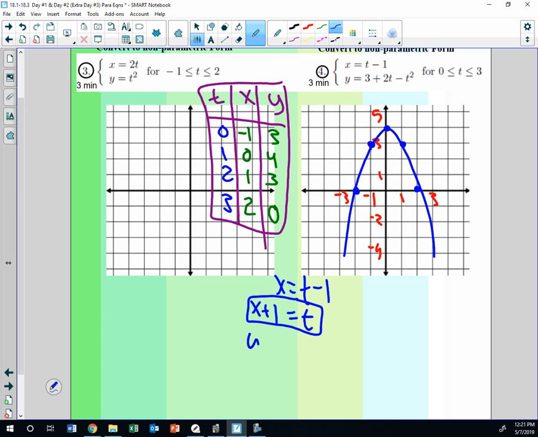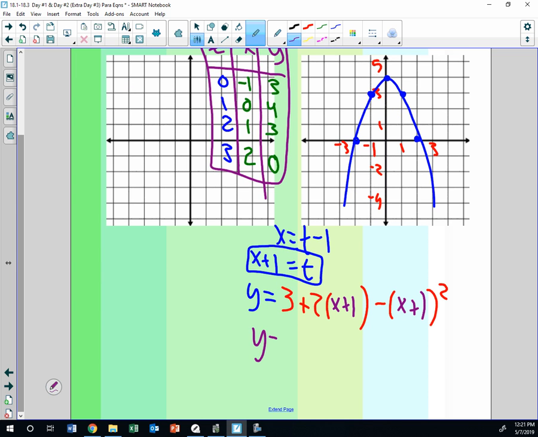That's going to be y equal to 3 plus 2 times t minus t squared. So wherever you see a t, we're going to put in an x plus 1. And that will give you y equal to 3 plus 2x plus 2 minus x squared minus 2x minus 1.